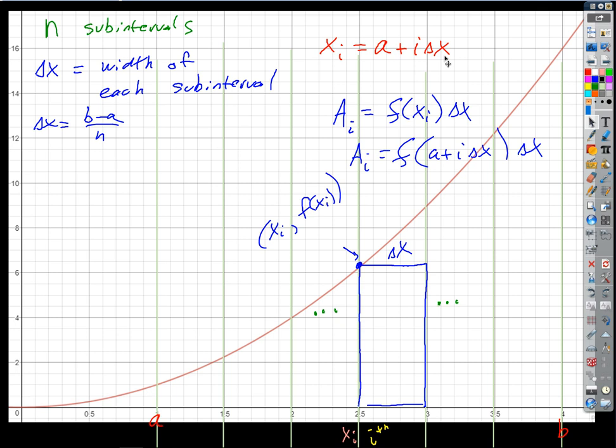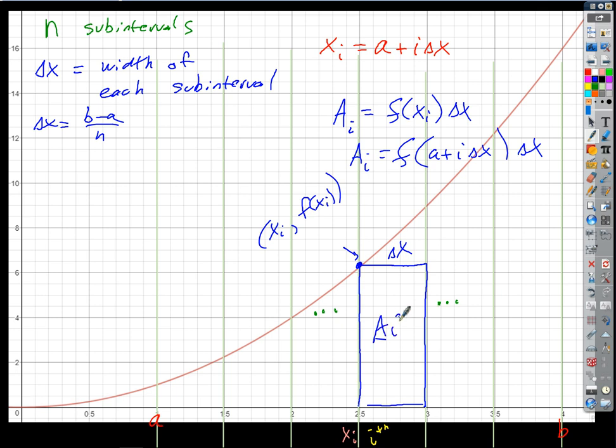The area is then f of that x value times the width, the height times the width. And so we end up with f of a plus i delta x times delta x is the area of the ith subinterval, right?